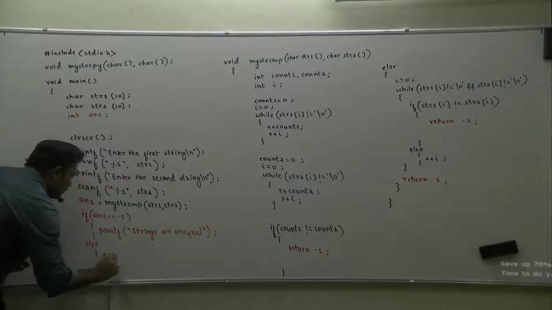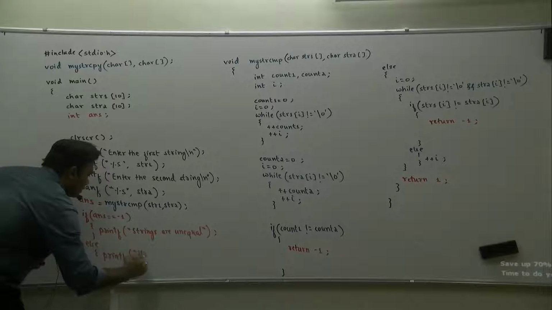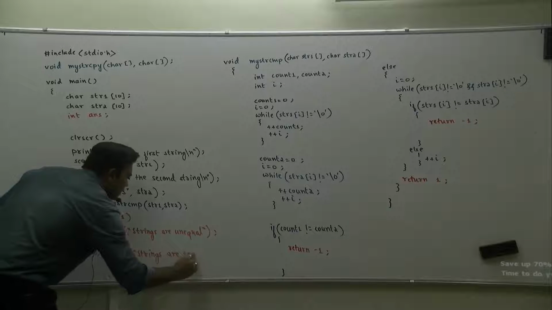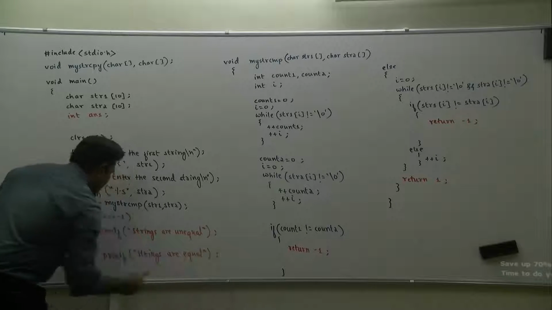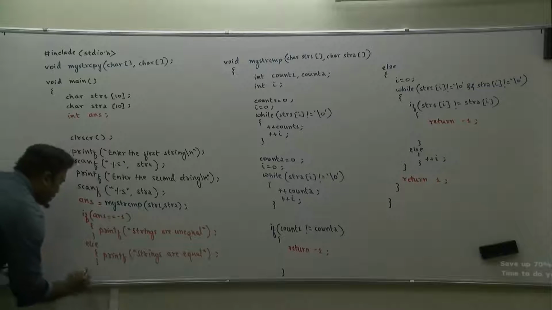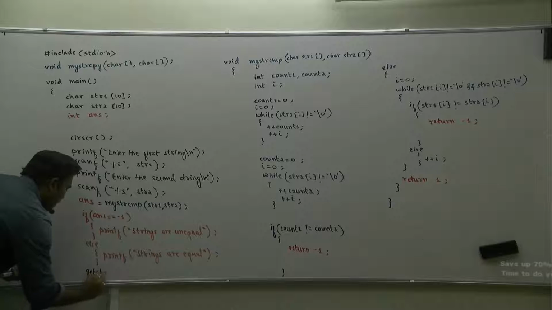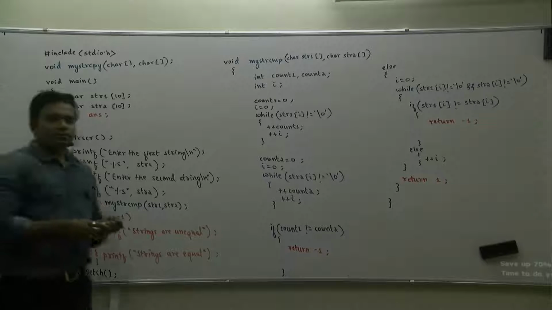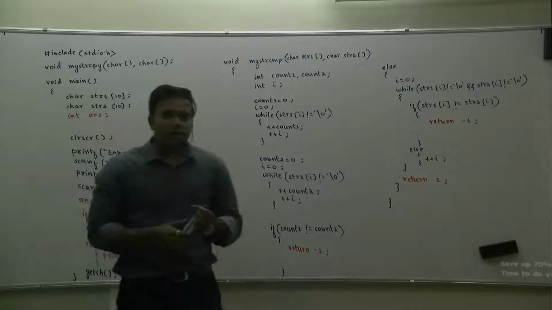Otherwise I will tell printf strings are equal. Like this I can tell that the strings are equal. This is the closure of the else. As normal, at the end of the main function, I will have to tell getch, which I have told. This is the beginning of the main, this is the ending of the main. That's all sir. Will it work sir? You may ask.